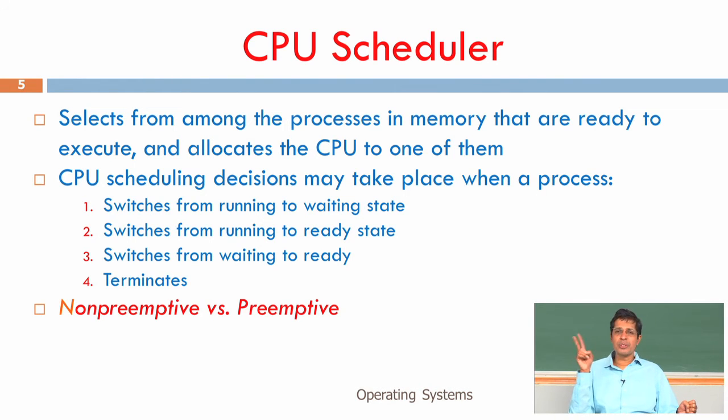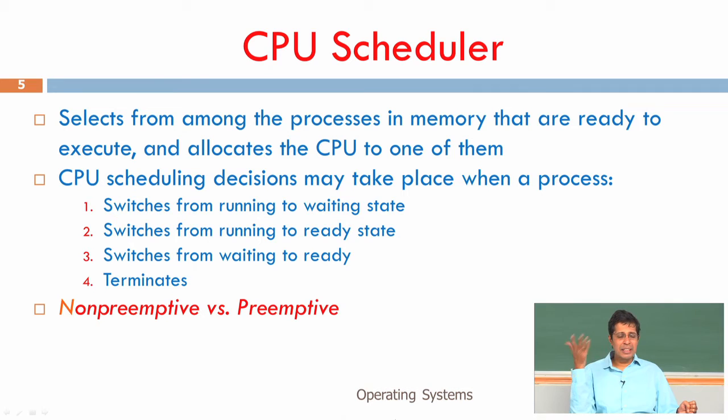Now, there are 2 types of scheduling, non-preemptive and preemptive. These are all operating system topics, but we learn them now because they have security implications at a later stage. What is non-preemptive? I cannot stop the process when it is executing through an external interrupt. So, I cannot pull out the process while it is executing, unless the process itself comes out. If I start executing a process, I cannot preempt it until it comes out.